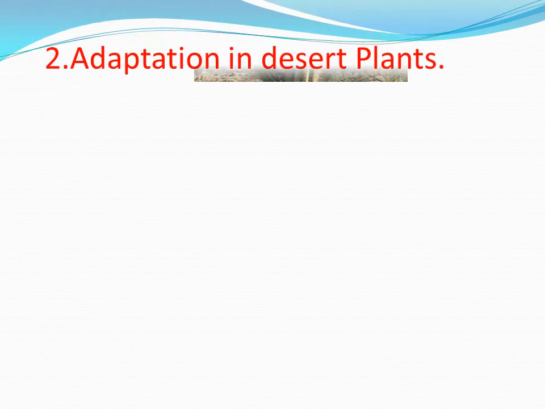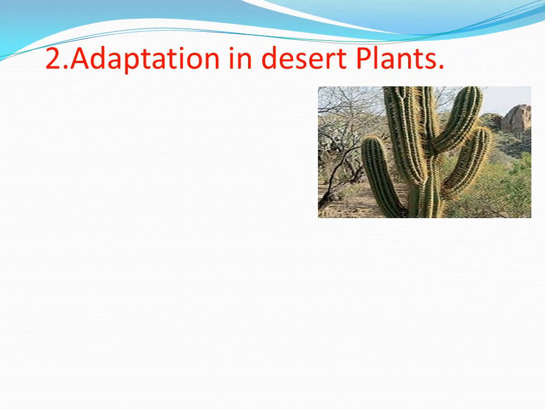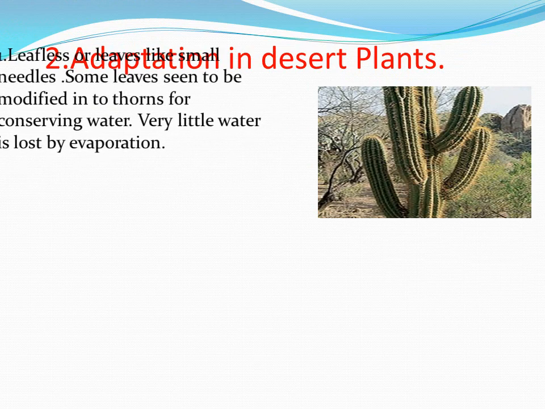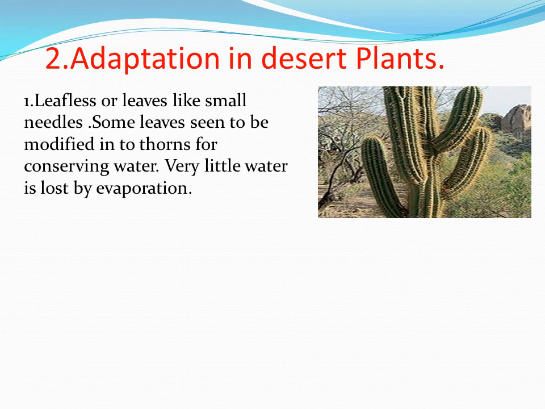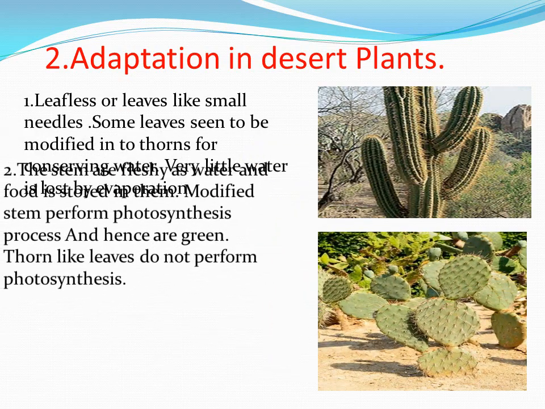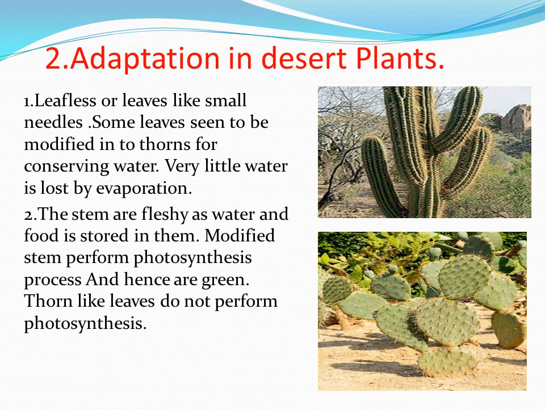Adaptation in desert plants. Desert plants are either leafless or have leaves like small needles. Some leaves seem to be modified into thorns for conserving water. Very little water is lost by evaporation. The stems are fleshy as water and food are stored in them.